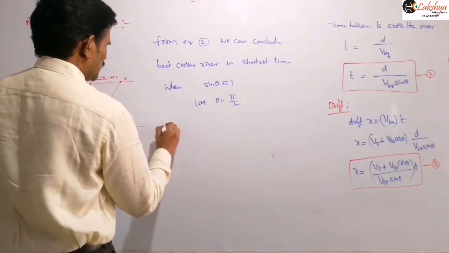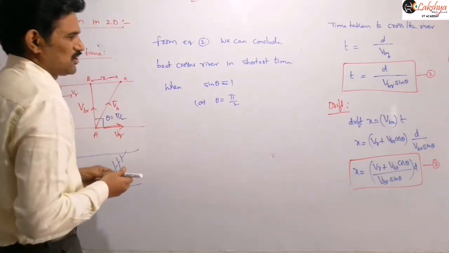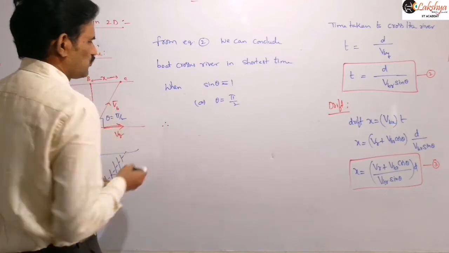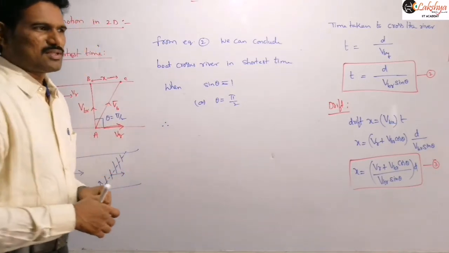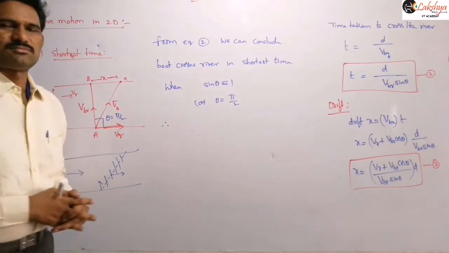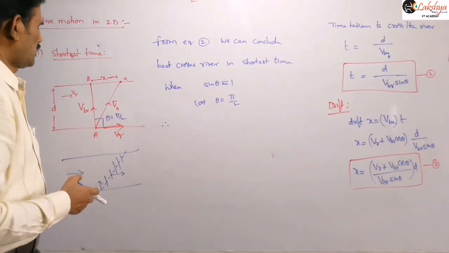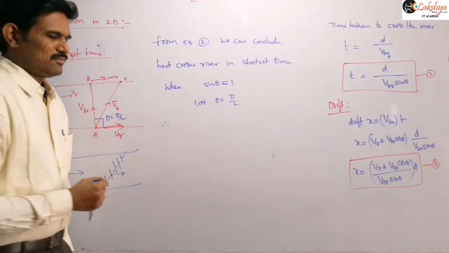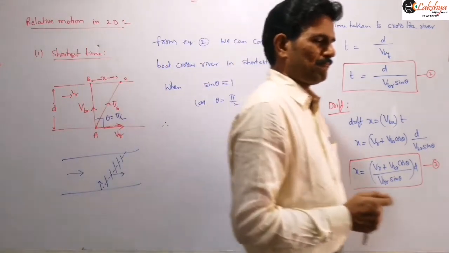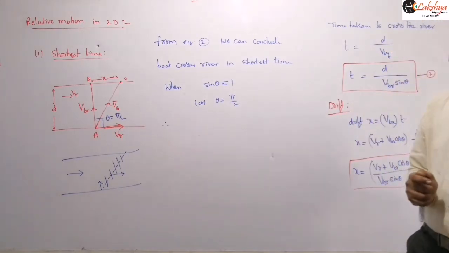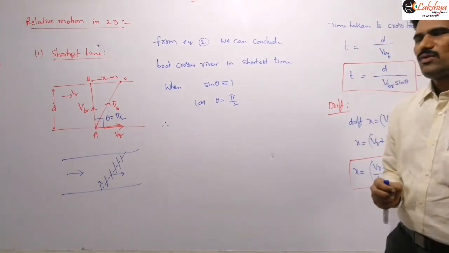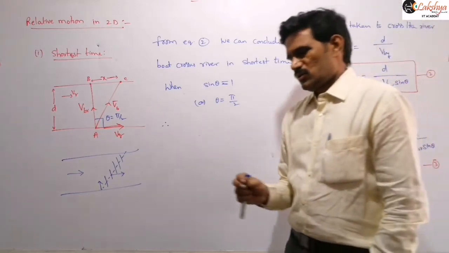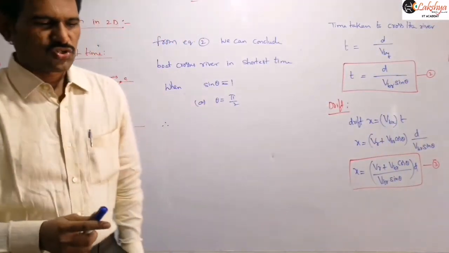so therefore you can conclude that to cross the river in minimum time, the boat should travel such that velocity of boat with respect to the water should be normal to the direction of the river flow.